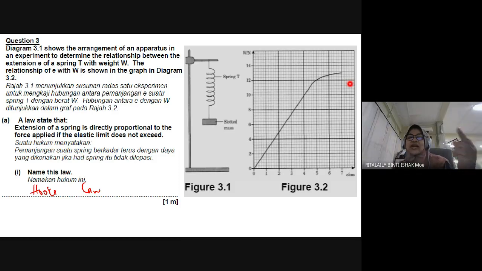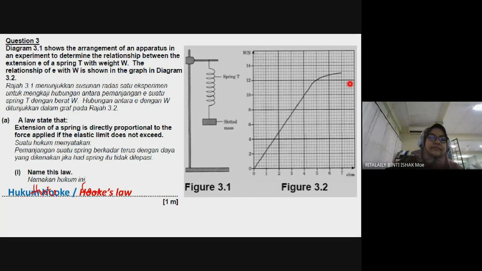So might as well you write H-O-O-K-E only. Don't put S. Okay? Hooke's law. I forgot the answer is already there.